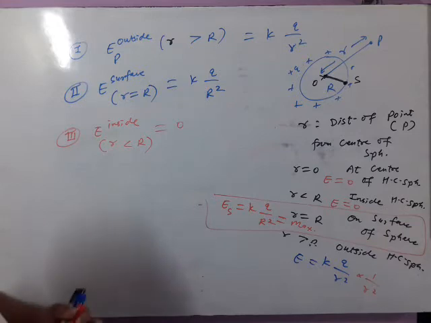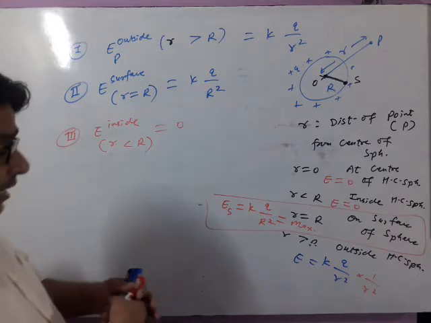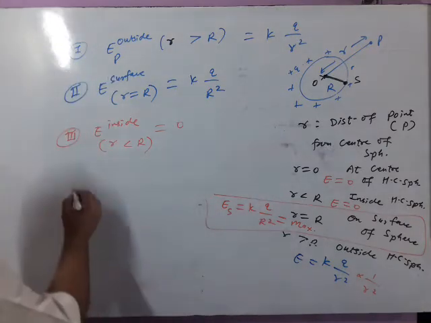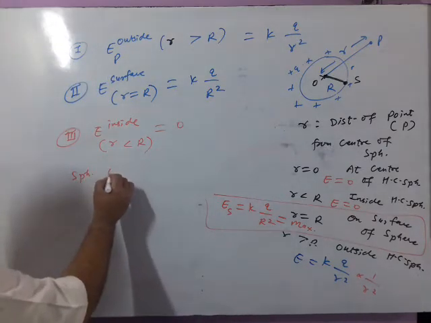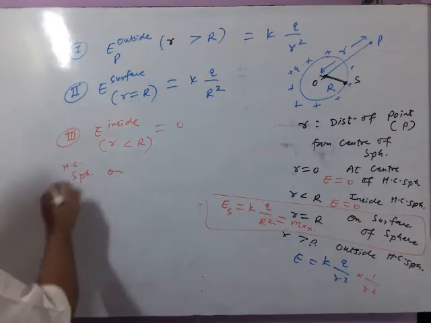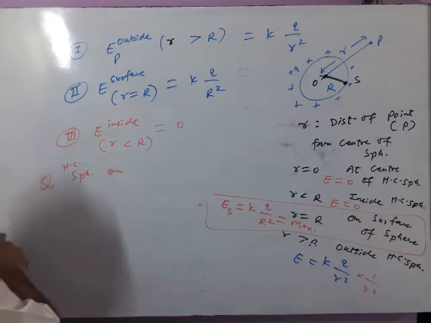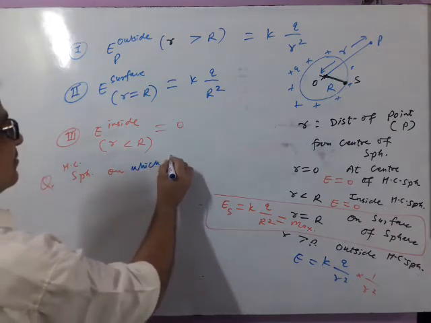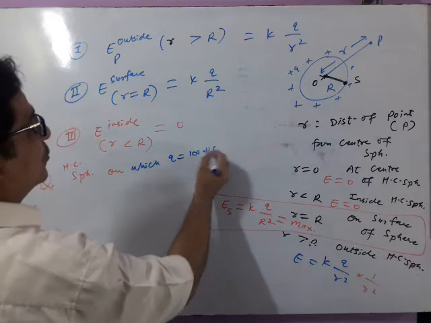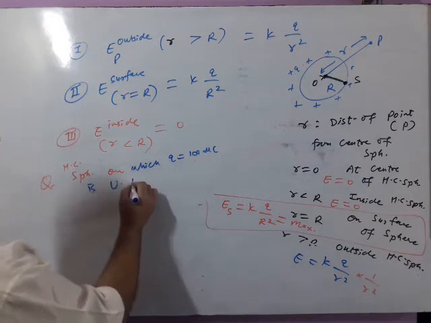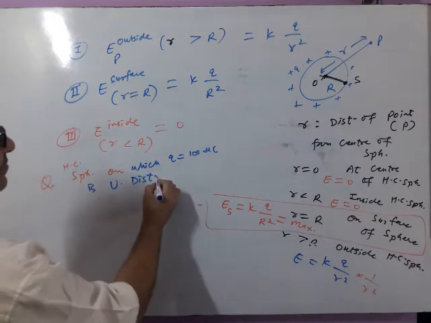Reasoning questions based on this particular part. Question number 1. You are given a hollow conducting sphere on which 100 microcoulomb is uniformly distributed.